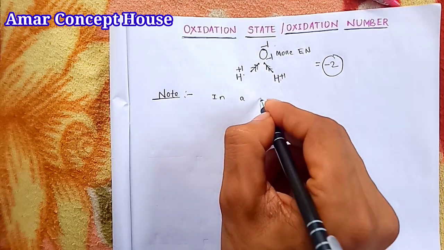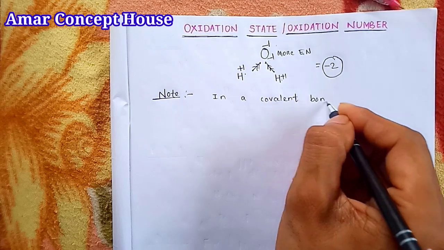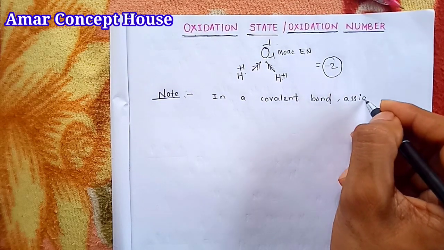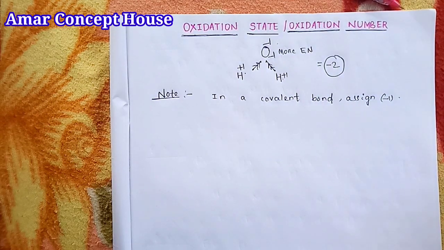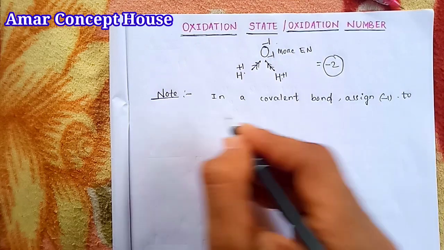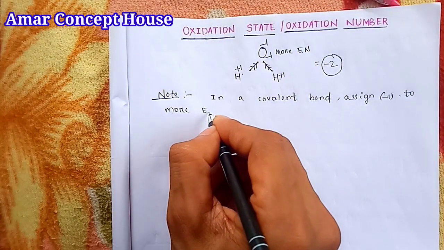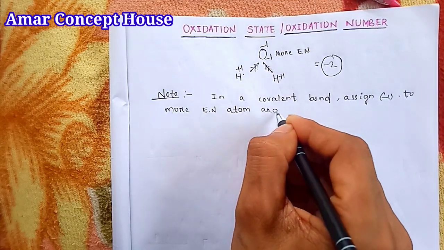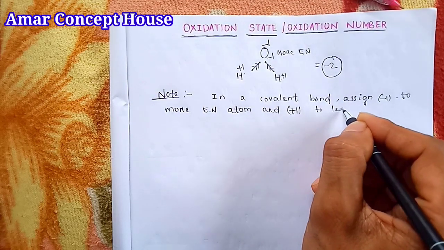In a covalent bond, assign -1 to the more electronegative atom and +1 to the lesser electronegative atom.